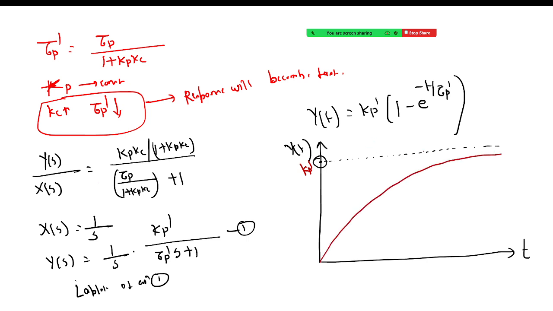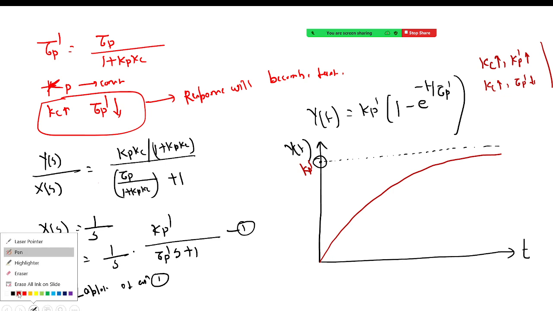But now I'll check the effect of Kc. If I am increasing Kc, what is happening over here? Kp dash is increasing, right? And tau p dash is decreasing. Are you getting it? Kp dash is increasing and tau p dash is decreasing.